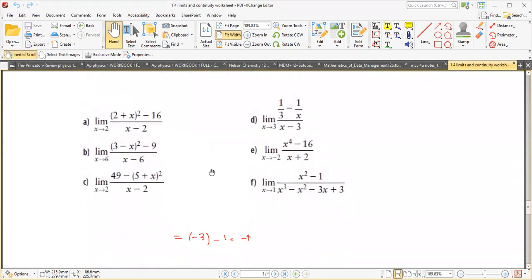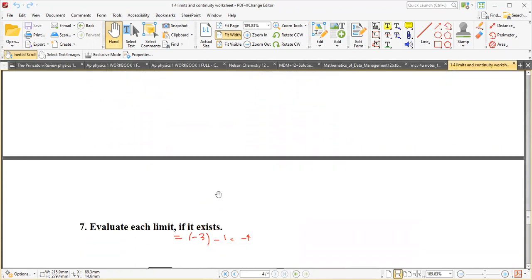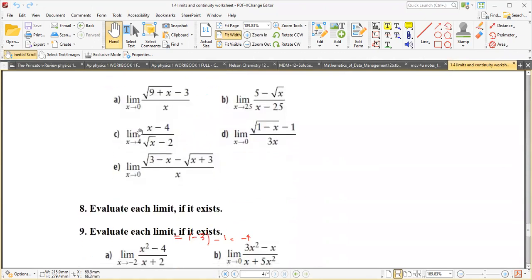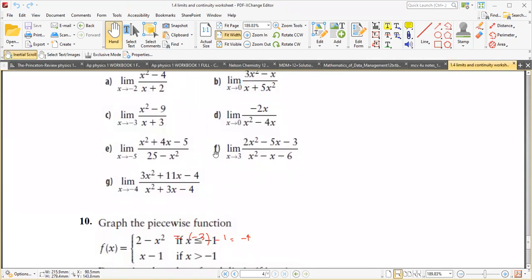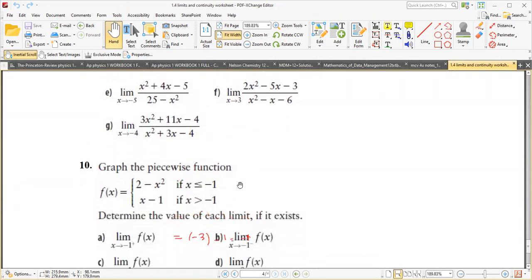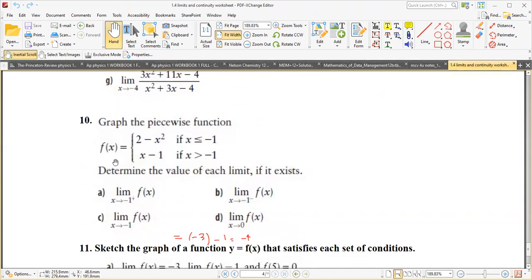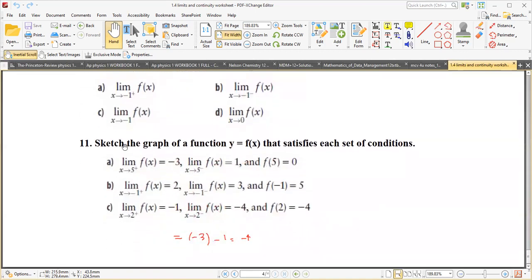Question number 6, you do A and D. Question number 7, you do A and E. Question number 9, just do the last one, F. Question number 10, you do, it's very important. Question number 11.